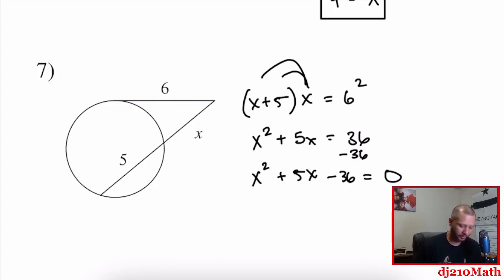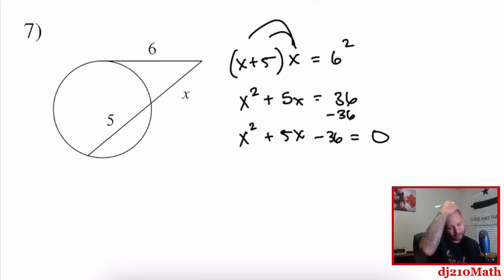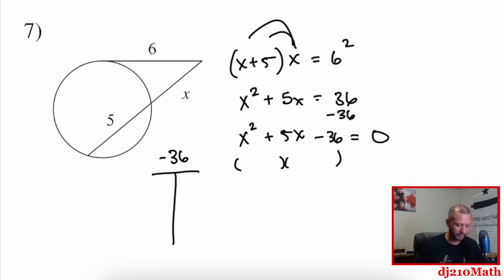So this is where we have to factor, right? If you're in geometry, it's implied that you've taken algebra 1, where factoring is what you do. So the idea is we need to come up with two numbers that multiply to make negative 36, but add up to positive 5.